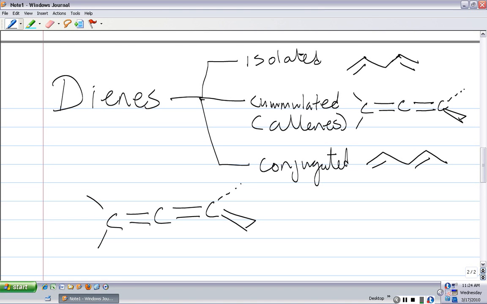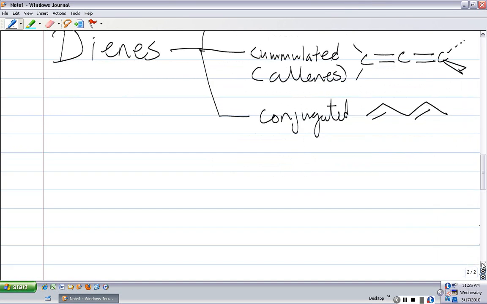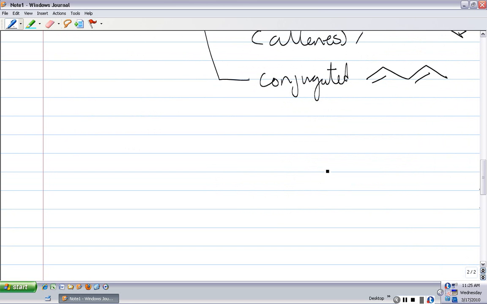So, for example, I'm going to redraw this at the bottom because I need a bit more room. If I take my allene, and I draw it like this.